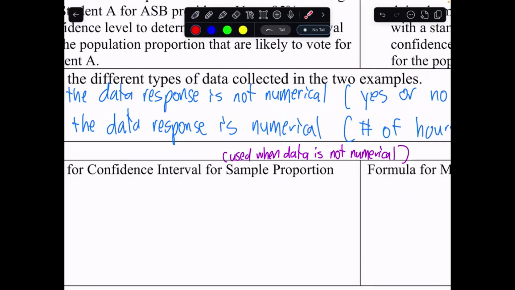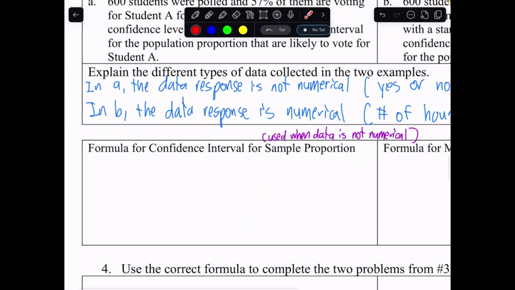Like when the numbers are 5, 6, and 7, you can say the answers are close together. When the numbers are 1, 10, and 50, you can say the numbers are far apart, right? But what if I'm doing a survey about favorite colors? Like green and blue, are those close together or far apart? Are they farther apart than green and brown? You can't measure those because they're not numbers. Okay, so we need a different formula when the data is not numerical.